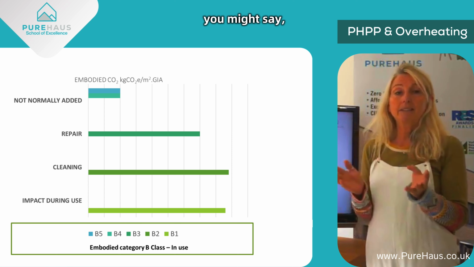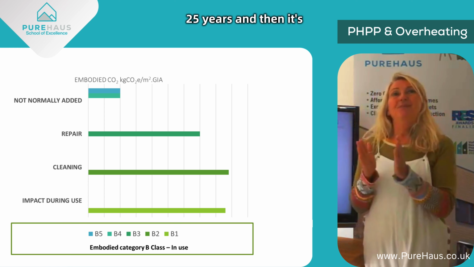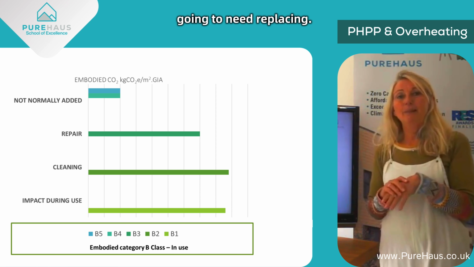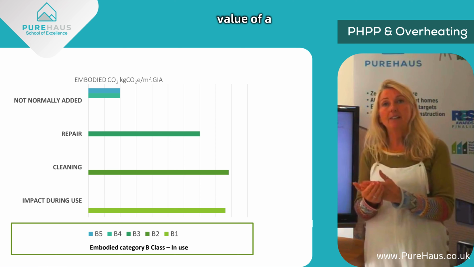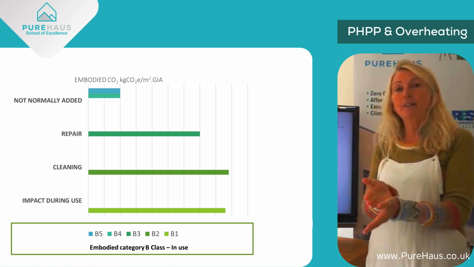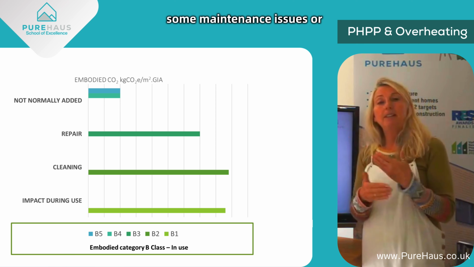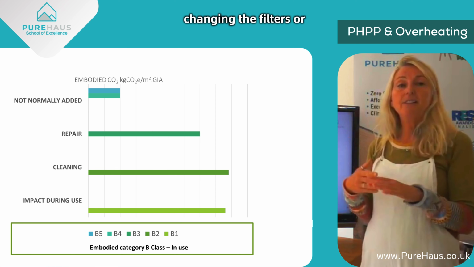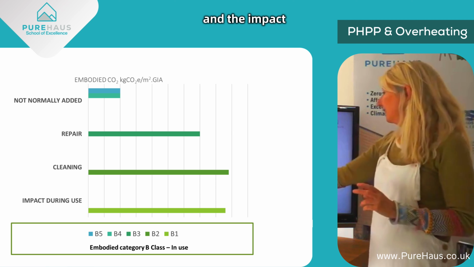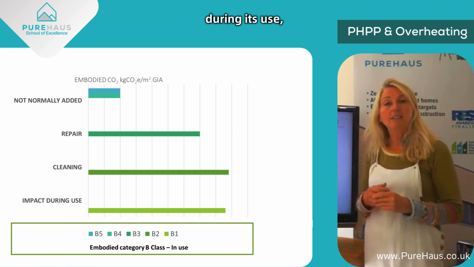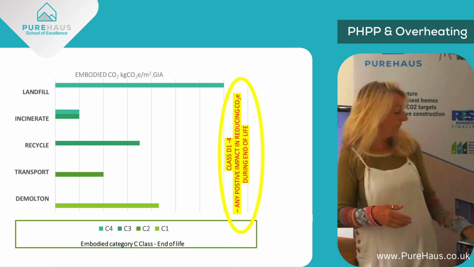You might say, well, my front door is only going to last 25 years and then it's going to need replacing, so I need to allow for the replacement value of a newly manufactured product. There's the cleaning, so there might be some maintenance issues or changing of filters or cleaning of aspects of the building, and the impact that it might have during its use, for example, if it contains refrigerants or things like that.